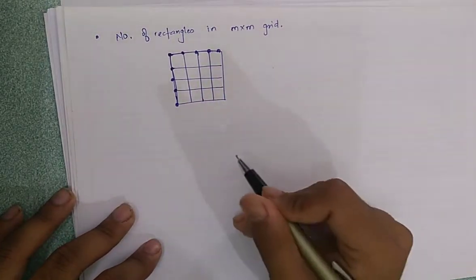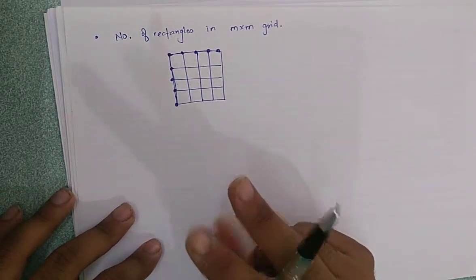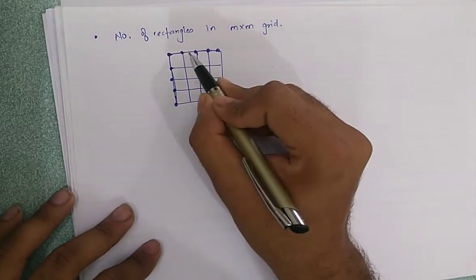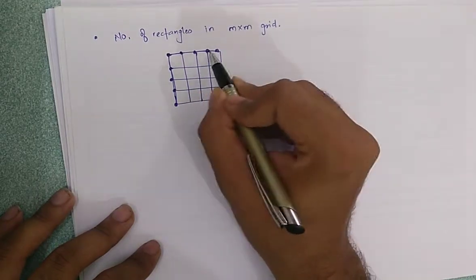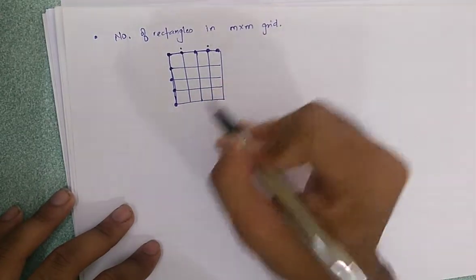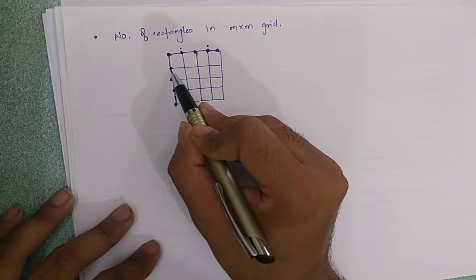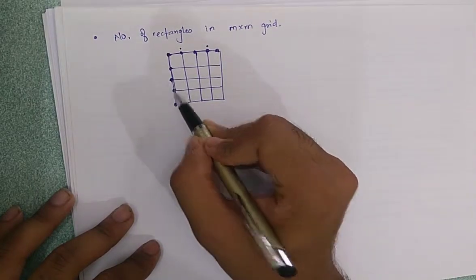Now to form any rectangle, we need a minimum of 2 points. So let's say we have these 2 points over here, this point and this point, and here we have these 2 points, let's say this point and this point.